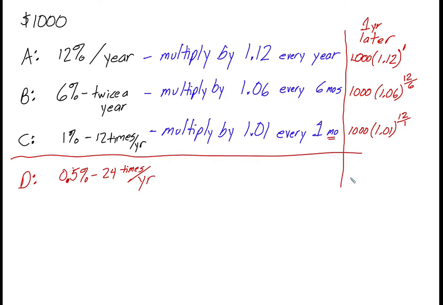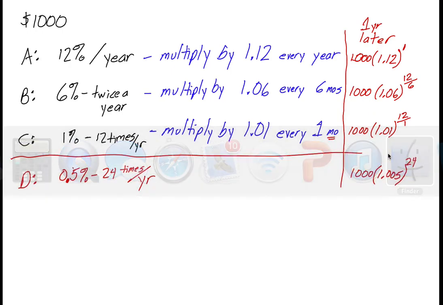Then our equation should be 1,000 times 1.005, 100.5%, raised to the, well, now it's 24 is our exponent, because if it does it 24 times per year, there's 24 of them in 1 year. That's our exponent.